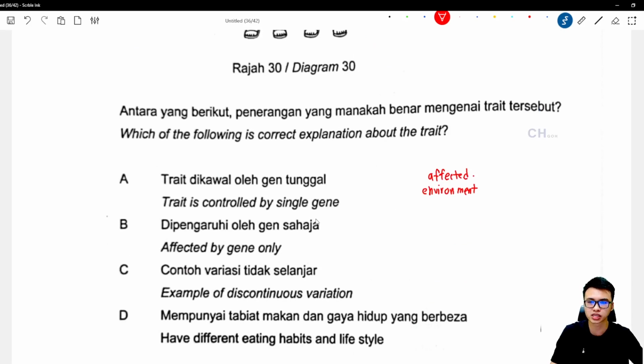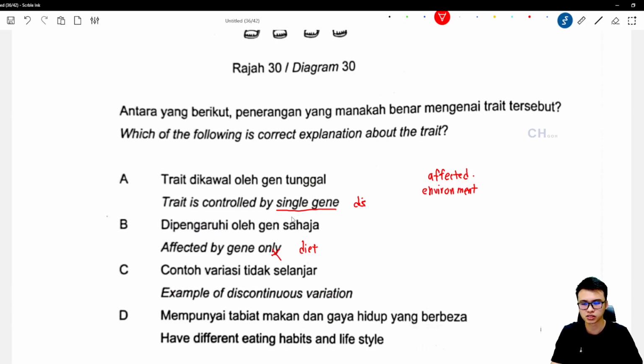A, a trait is controlled by a single gene. This one is not done by continuous variations. Continuous variations are not affected by gene only. The height is not only affected by gene, but it could also be affected by the diet. Diet is not about DNA, so this one, B, is also wrong.